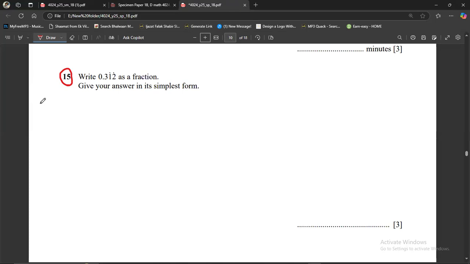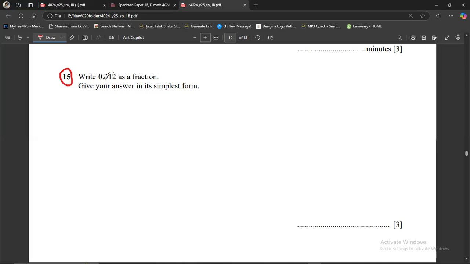Sometimes we put bars, and the numbers which have the dots on them are repeated. So actually this is 0.3121212121212. So this 1, 2 will not terminate. It will keep on recurring, repeating. Give your answer in the simplest form.